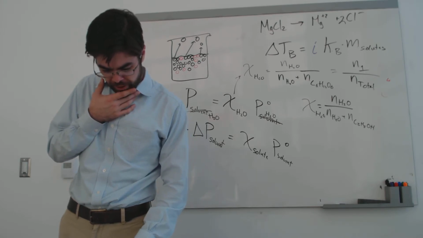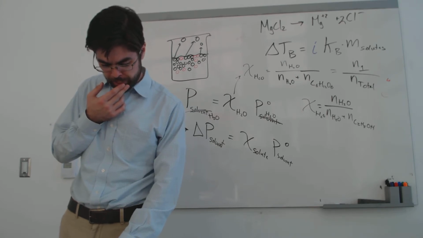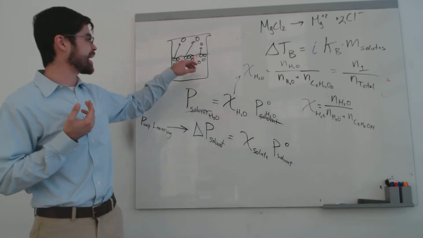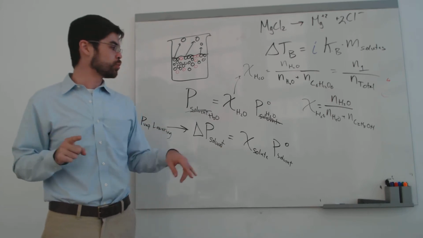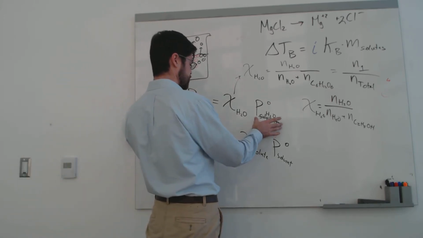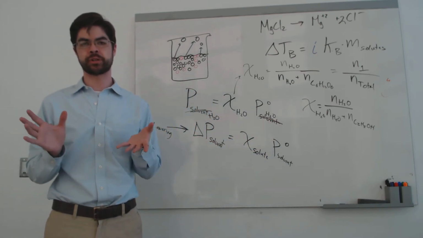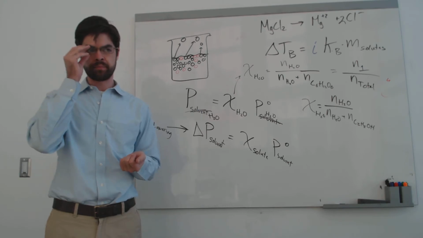Why is it mole fraction of solvent and not solute for Raoult's law? Again, I kind of think about it this way. Raoult's law is telling you how the vapor pressure of the solvent changes. It specifically talks about the vapor pressure of the solvent.